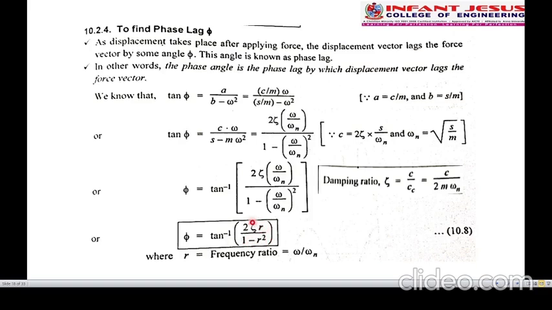Here r is omega by omega n, which is called the frequency ratio. Using this formula we can find the phase lag phi.